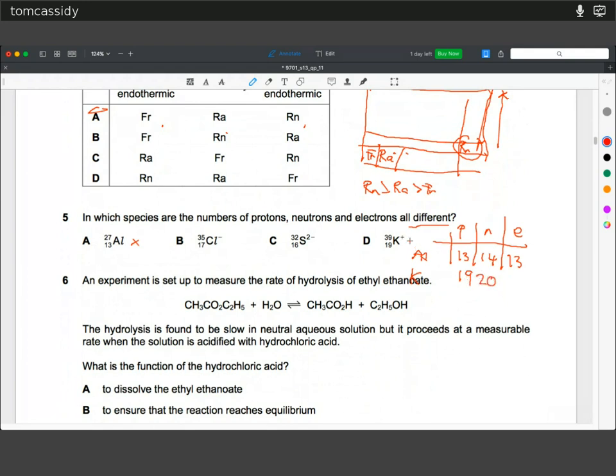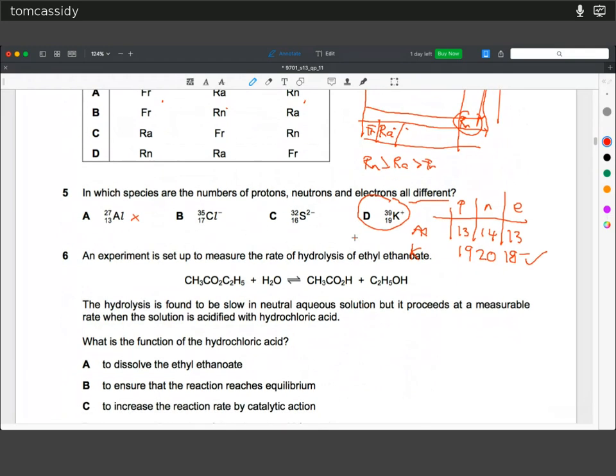And to get a +1 charge, well, in the neutral atom, it would be 19 electrons, but we've removed one of those to give us the potassium cation with a single positive charge. So we have 19 protons, 20 neutrons, and 18 electrons. Are they all different? Yep, they are. So without working through the others, you can do those yourself. You can see that this one has different numbers of protons, neutrons, and electrons.